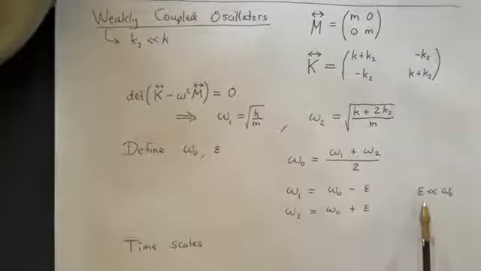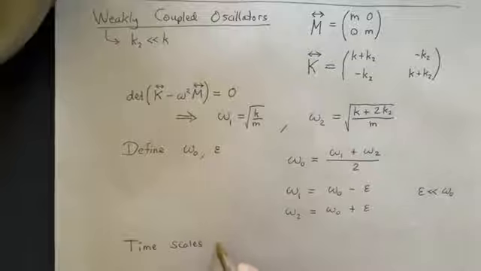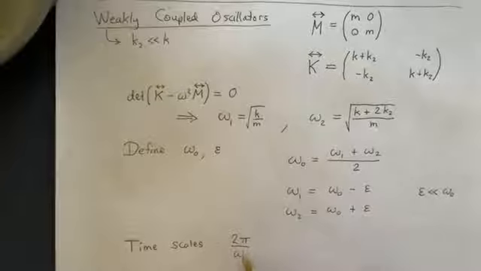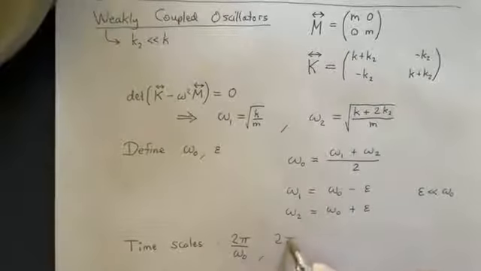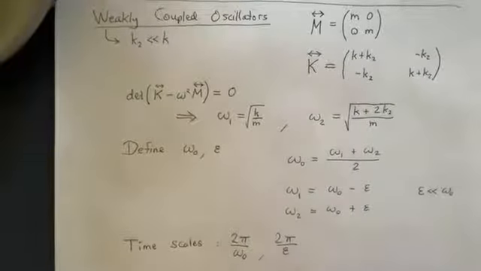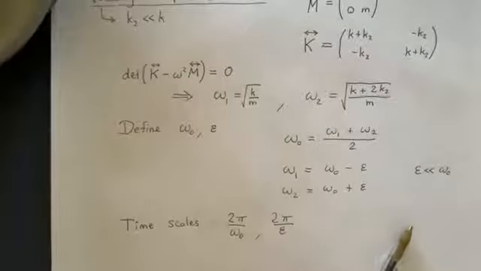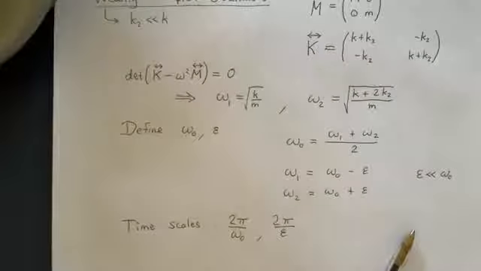Again, measured in inverse seconds or radians per second. So we have 2 time scales. We've got 2 pi over omega naught. So this construction here, when we say 2 pi over omega naught, we're thinking of omega naught as radians per second.